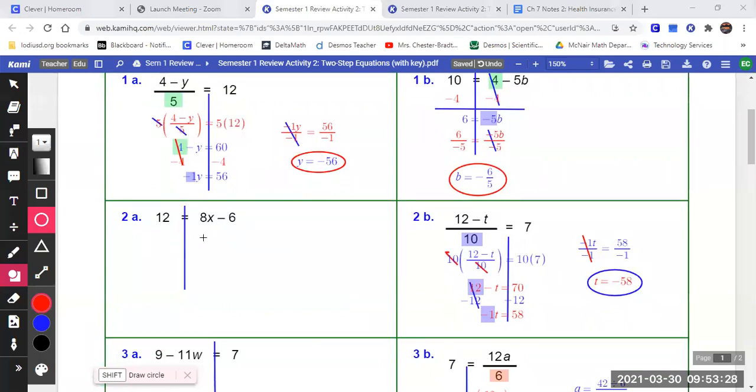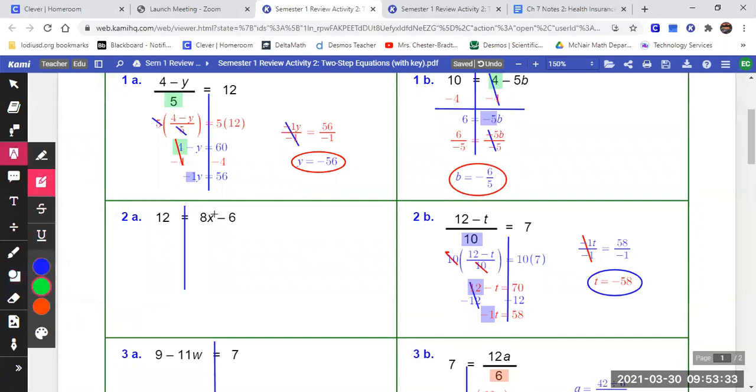Okay, here we go again. We need to big zero a negative 6 out of there. What are we going to do?